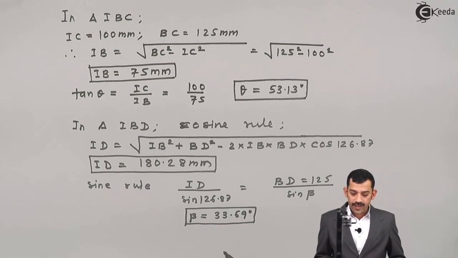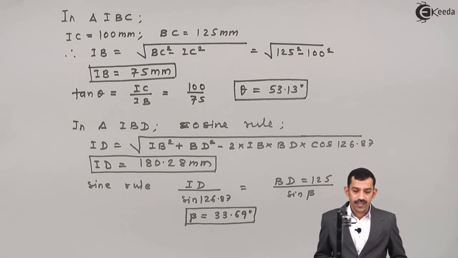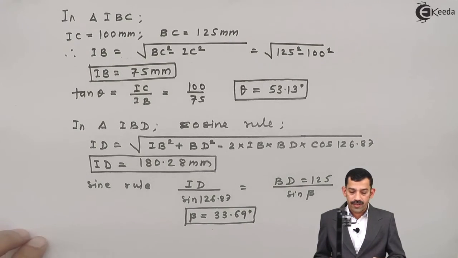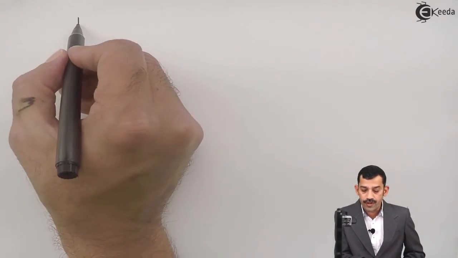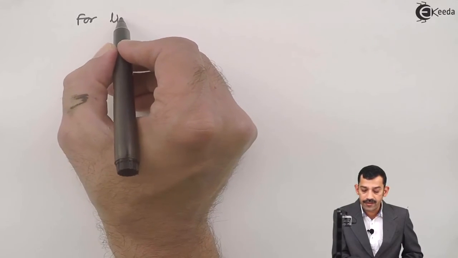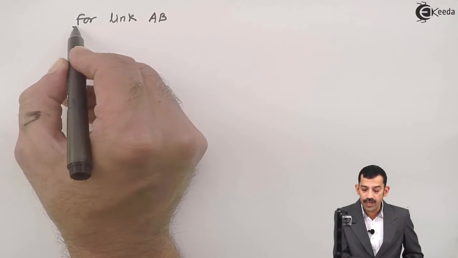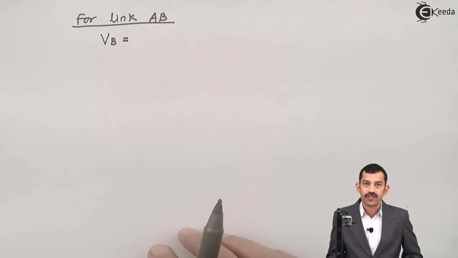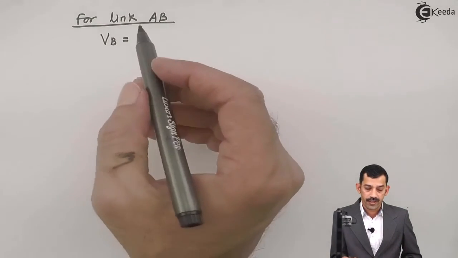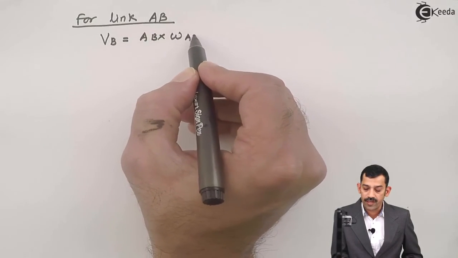After angle beta, we'll find all linear velocities and angular velocities, applying our equation V equals R omega, for links AB and CD. For link AB, omega is known, therefore VB is the distance of point B from center of rotation, AB, into omega of bar AB.